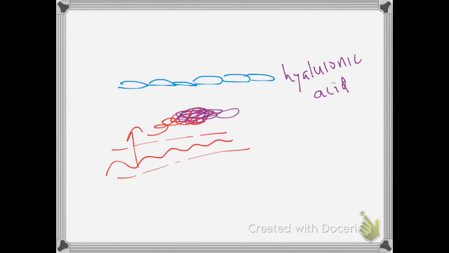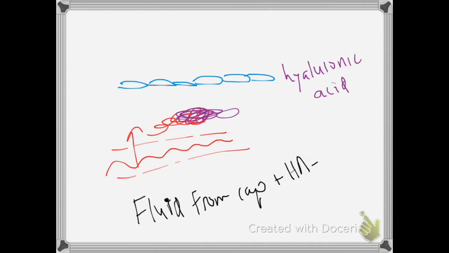And when I mix this fluid, so I get fluid from the capillary, plus this hyaluronic acid, this is where I get my serous fluid. So serous fluid is this viscous, slippery fluid.